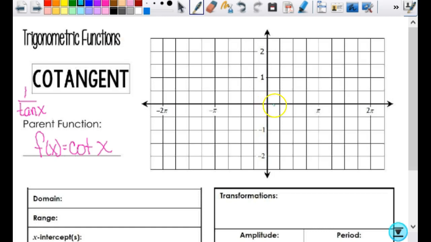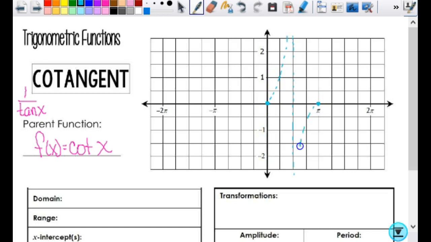So for tangent, I start here, right, at 0, 0. My period is just pi. There's an asymptote right here. Okay, very lightly, very, very lightly on this. And then this is at 1, so it's going to come like this.